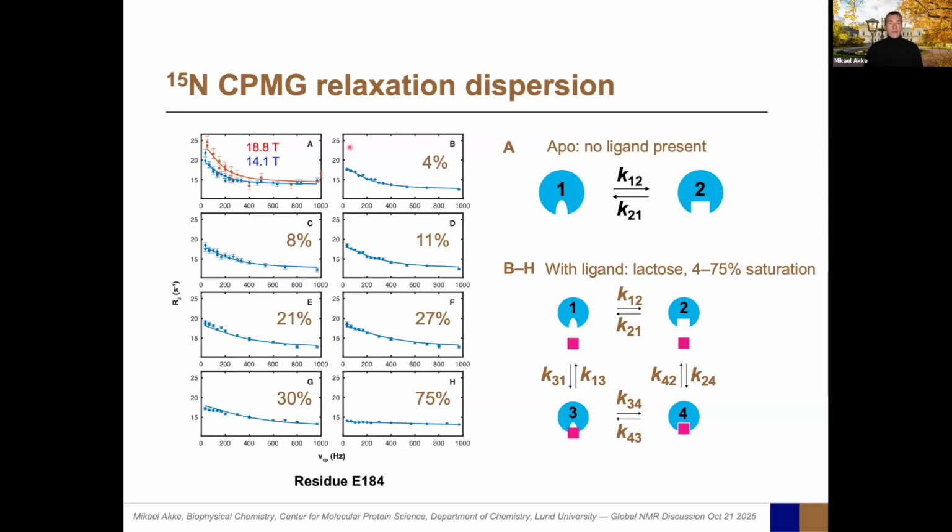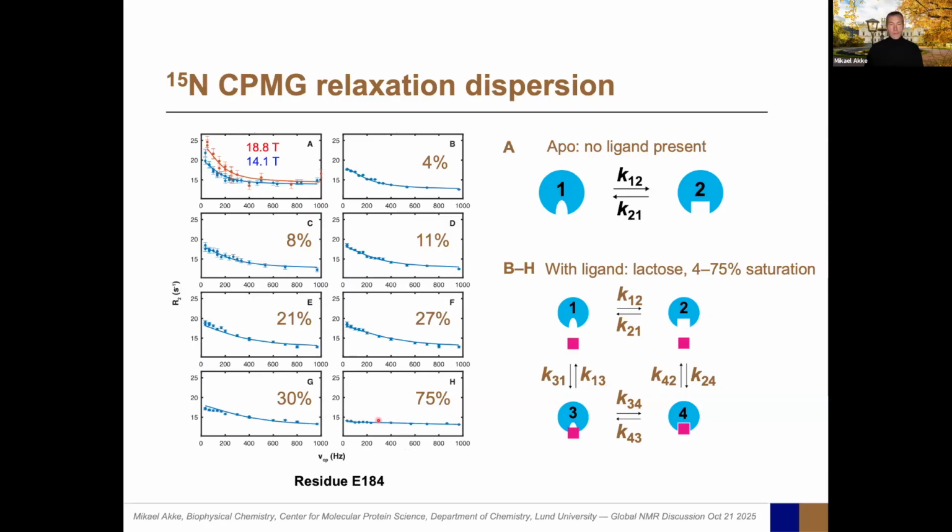So we did that, and then we measured at 7 different lactose concentrations, increasing concentrations from 4% relative population of bound state to 8, 11, 21, 27, 30, and 75. And we didn't go higher than 75, and I think you can see why.